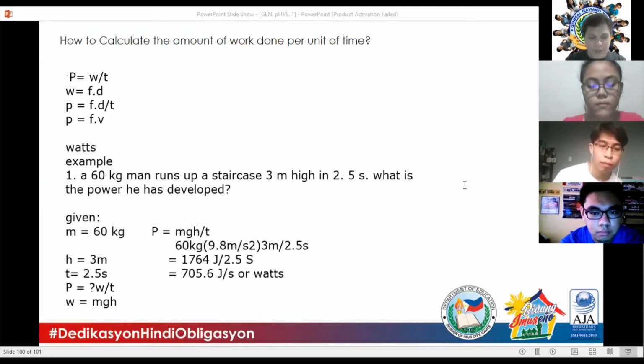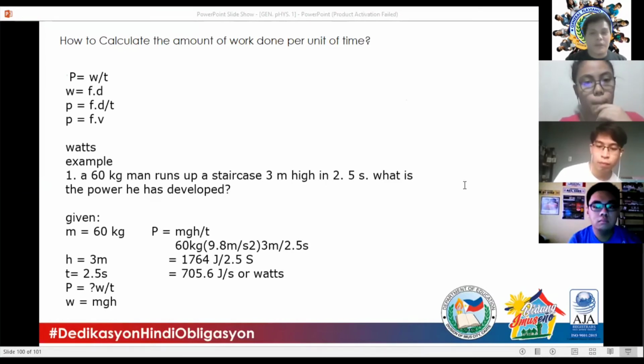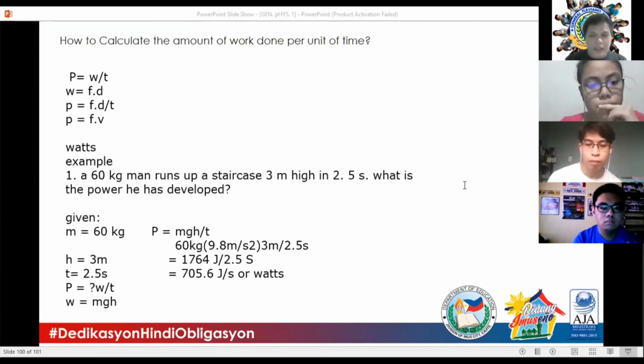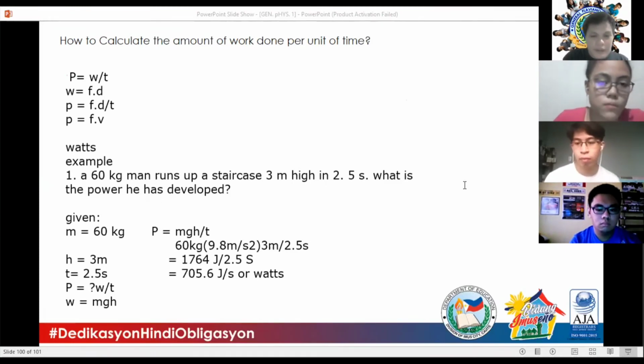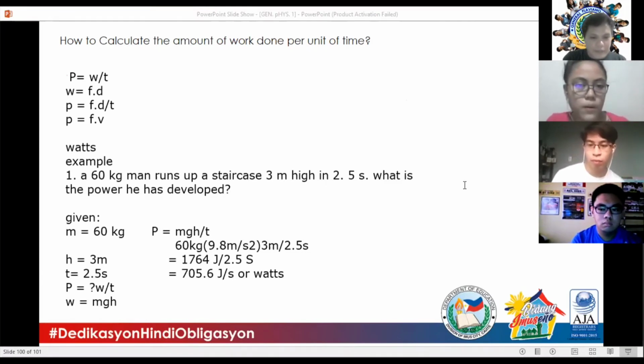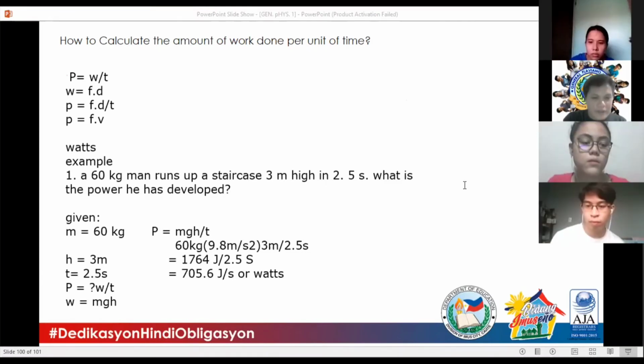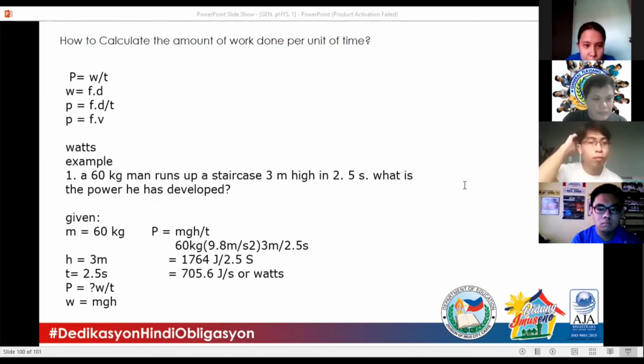Kasi without this big factor, ay hindi mo rin ma-accomplish yung work. So usually, ikaw sa araw-araw na gumigising ka, ano yung kailangan mo para makapag-accomplish ka ng mga task? Sino may idea? Yes, Juliana. Energy po, sir. Ayun, energy.